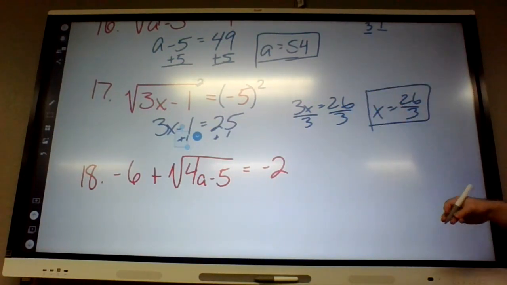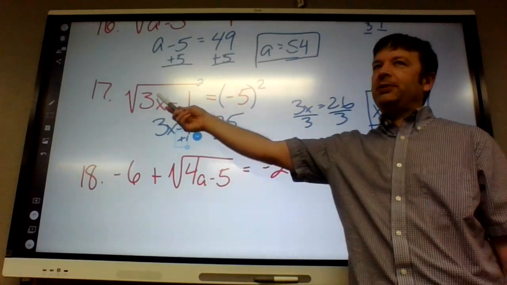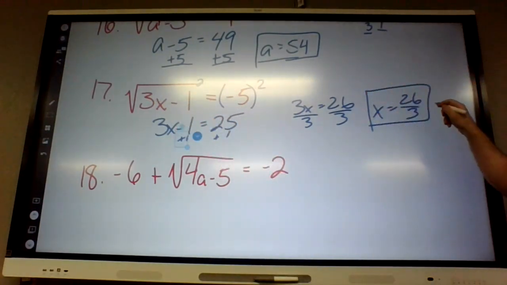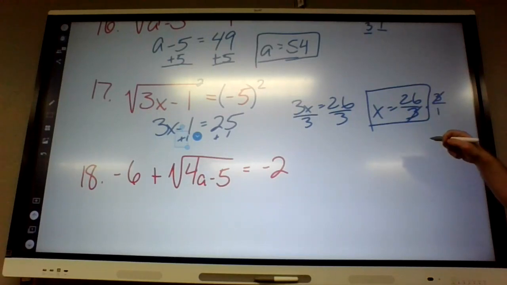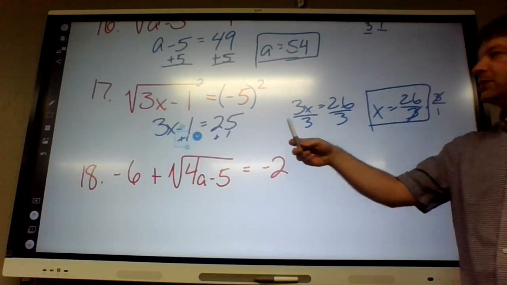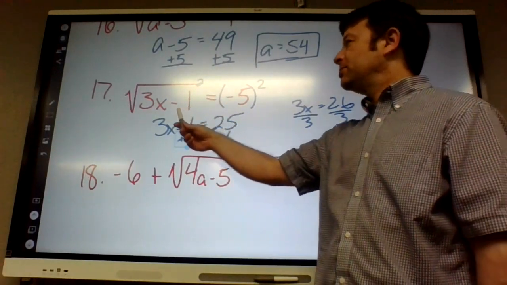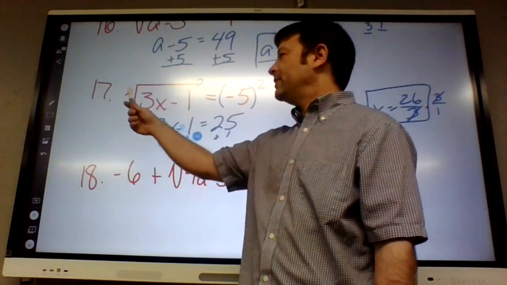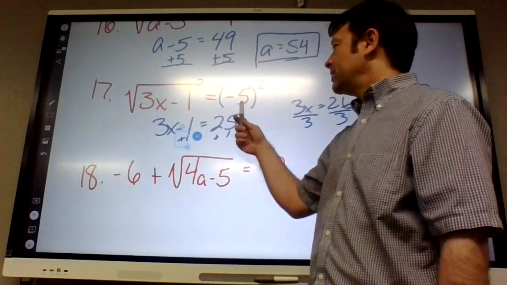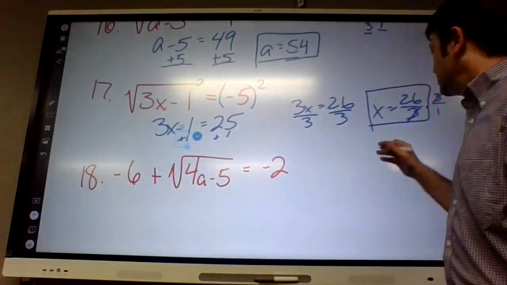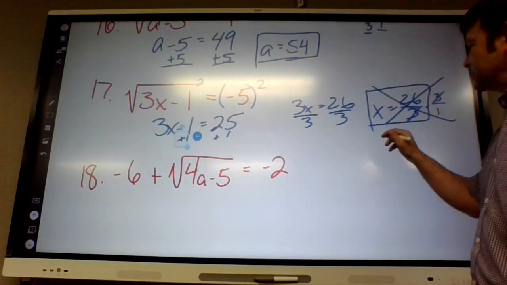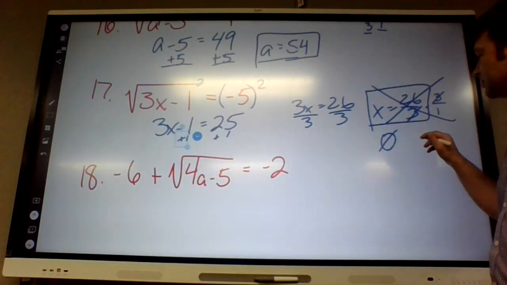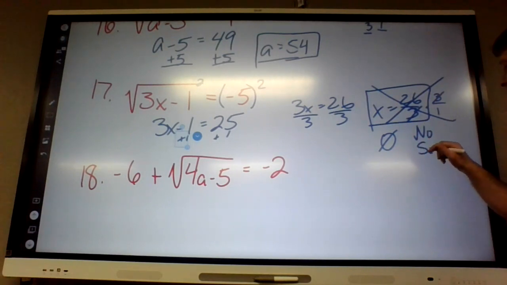It's a little bit harder to plug in, but you guys know what 3 times 26 over 3 is? 26. Minus 1 is 25. Square root of 25 is 5. So it's 5, not negative 4. Oh, shoot. No solution. So this one was no solution. They really made us do all that work.